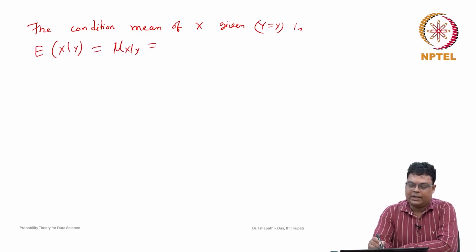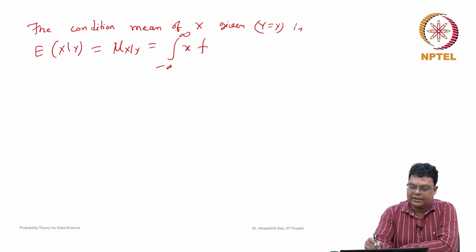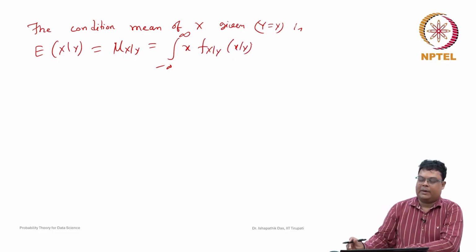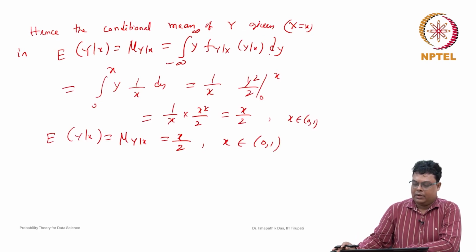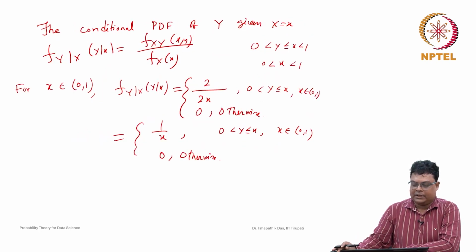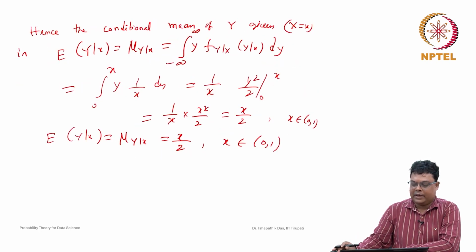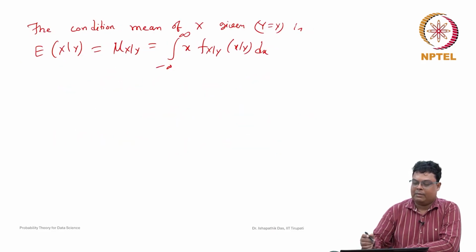By definition, this is the integral from minus infinity to plus infinity of x times the conditional density of x given y, dx. So first we have to find the conditional probability density function.